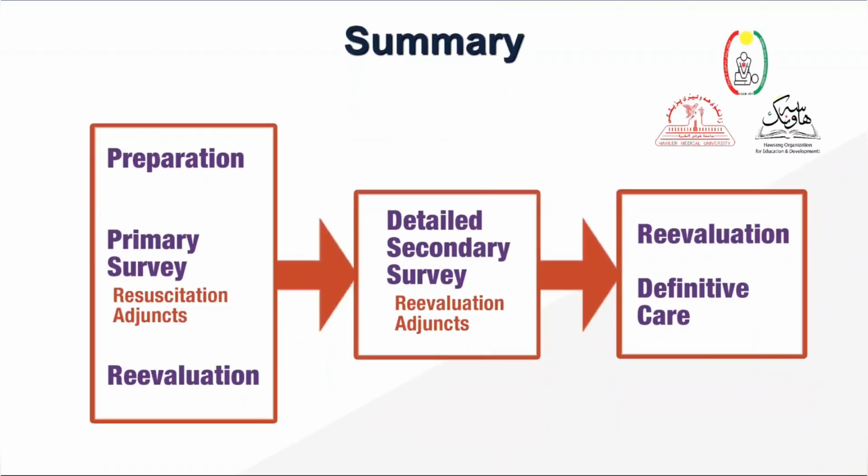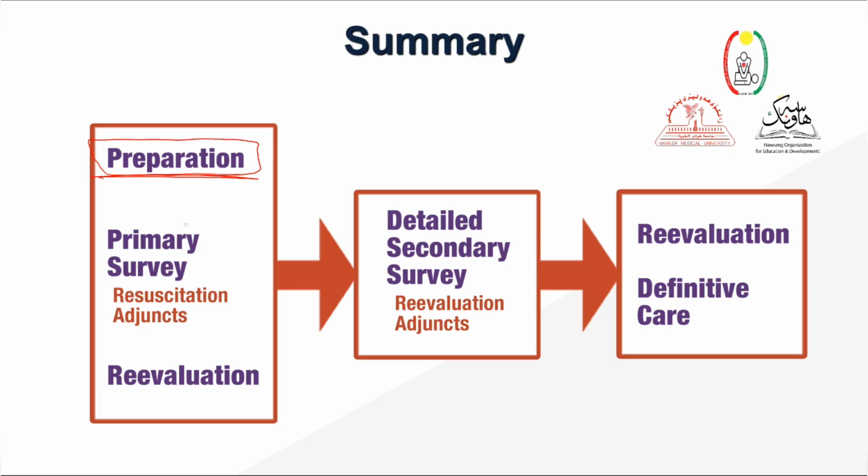In summary, you have to prepare yourself by a good education about trauma, by having a good, equipped trauma room, a good team which understands each other in the language of trauma. So everyone knows their role in the trauma team. There will be a common language between them.